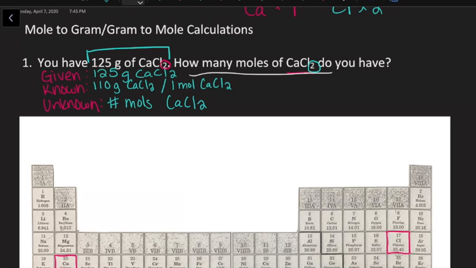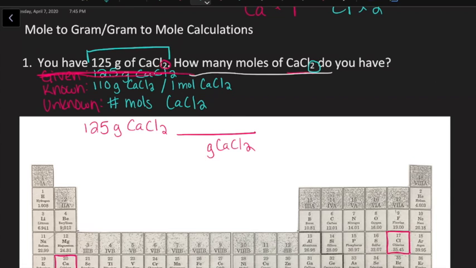Okay, easiest thing to do here is take your given. So you write down what you're given: 125 grams of CaCl2. And when you're starting out, it's probably going to help you to mark out what you've already used. Okay, so next, you're always going to have grams of CaCl2 so that those can cancel out.